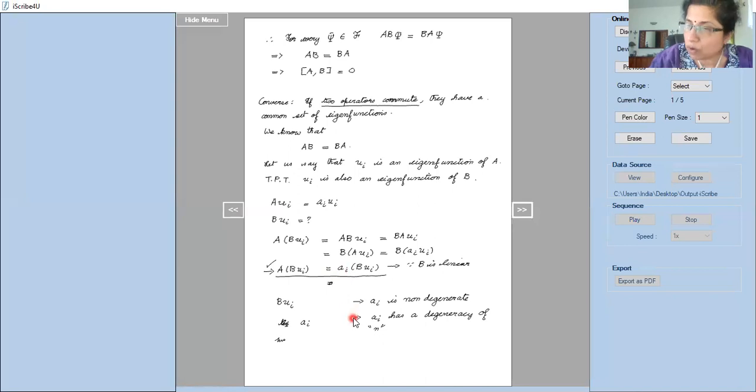Now we can take two cases, one where ai is non-degenerate and the other where ai is degenerate with a degeneracy of n. I hope all of you remember what non-degenerate and degeneracy mean.